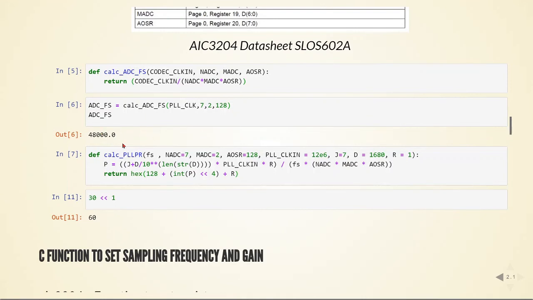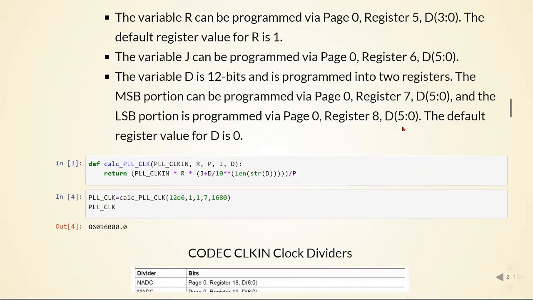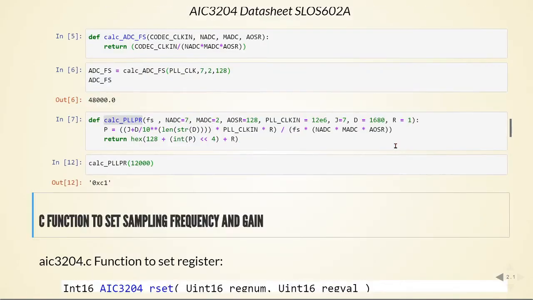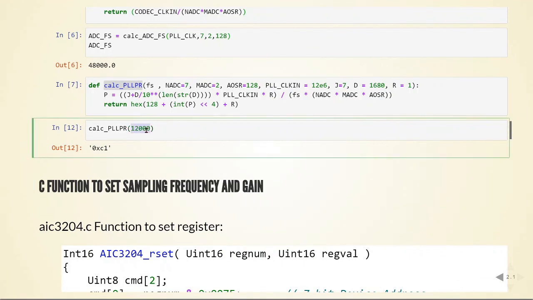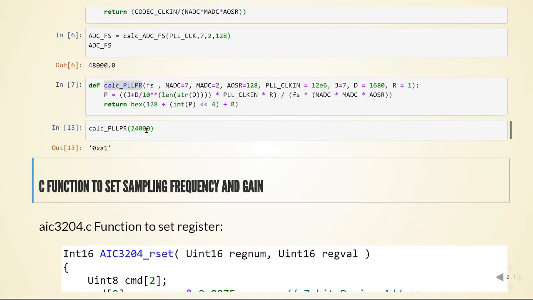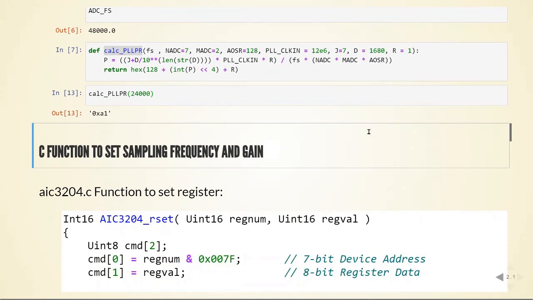With this function here, if I want the sampling frequency of 12,000 hertz, I need to set the PLL PR register, this is register number 5, to this value of C1, and then I have 12 kilohertz. If I want 24 kilohertz, I need to set it to A1. This is what we are going to do in the next step.